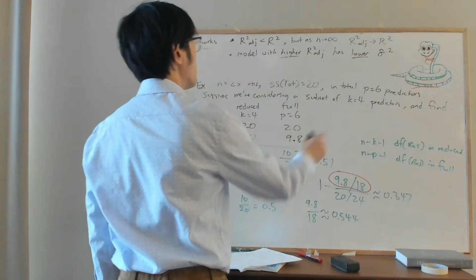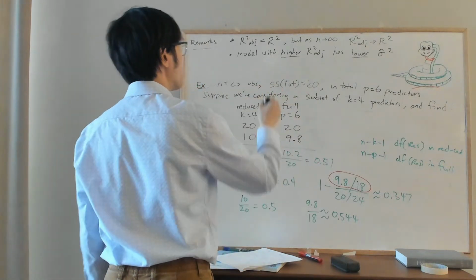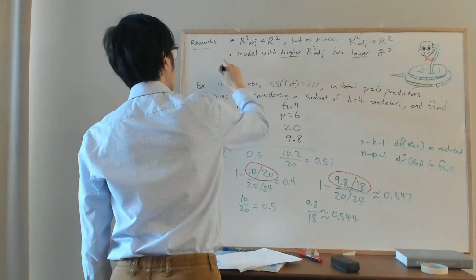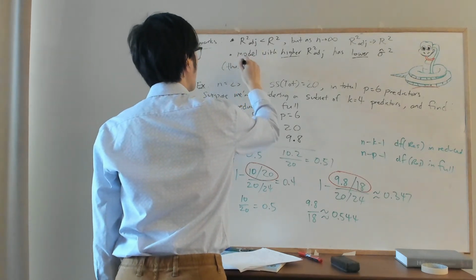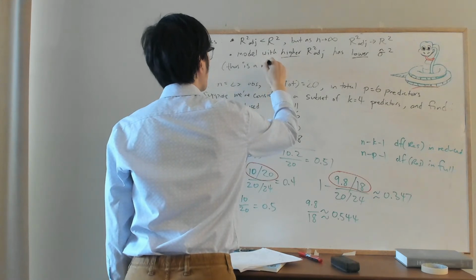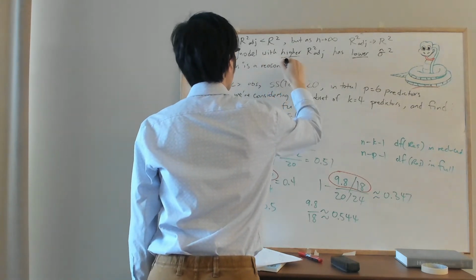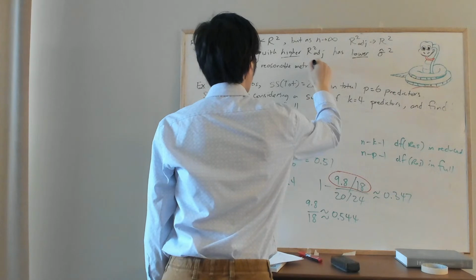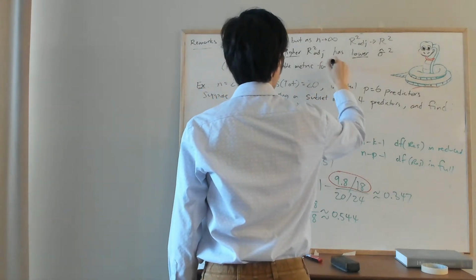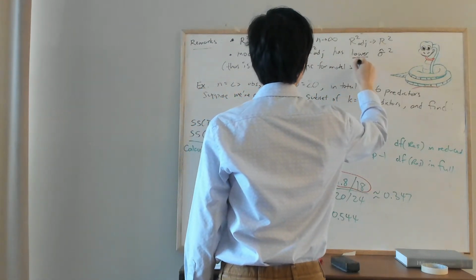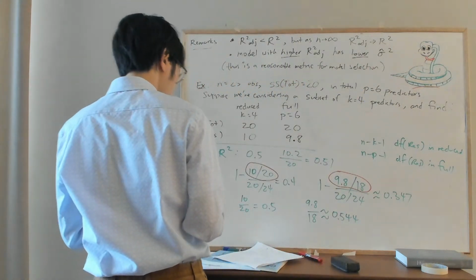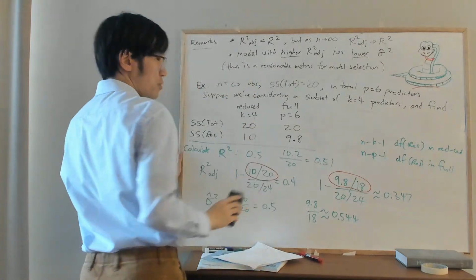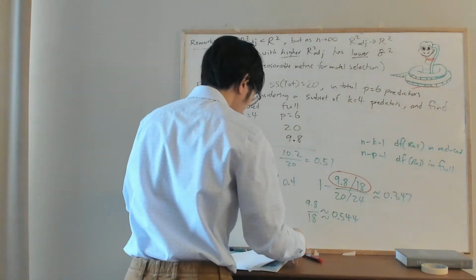And therefore this justifies that it is a reasonable metric for model selection. Okay, so that's adjusted R squared.